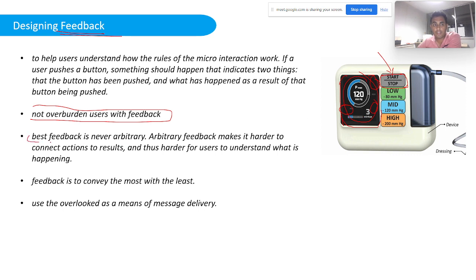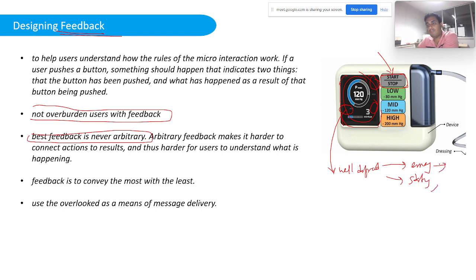Now, the best feedback is never arbitrary. That means arbitrary feedback makes it harder for people to connect. It should not be something else. It should be well defined and easy to understand. For example, you should not mix the sound of an emergency with the sound of simply starting a therapy.